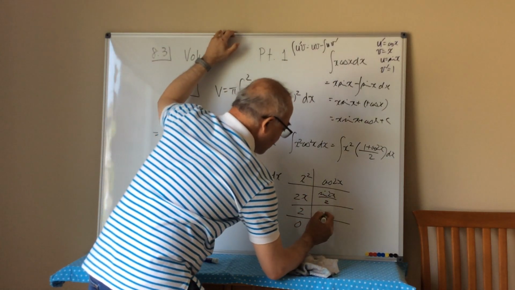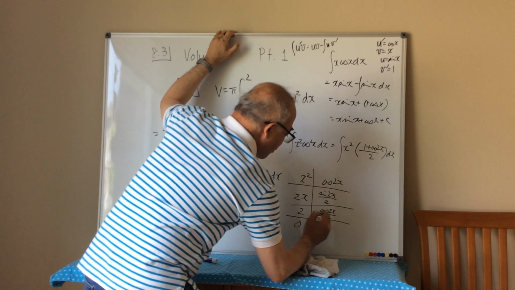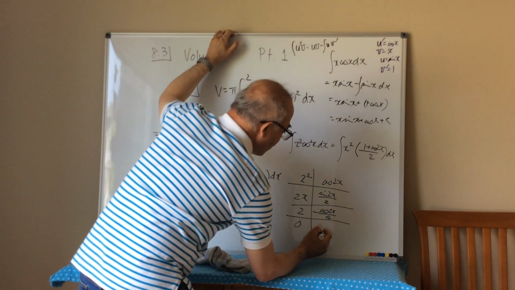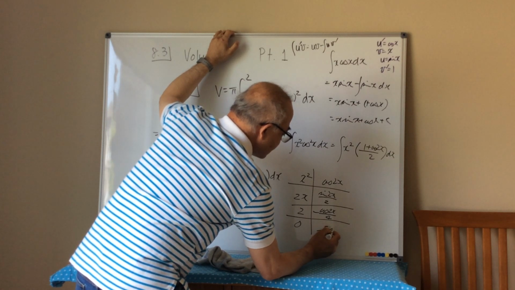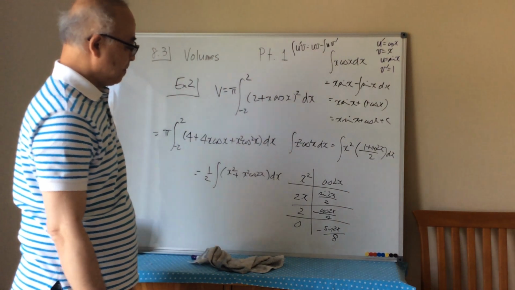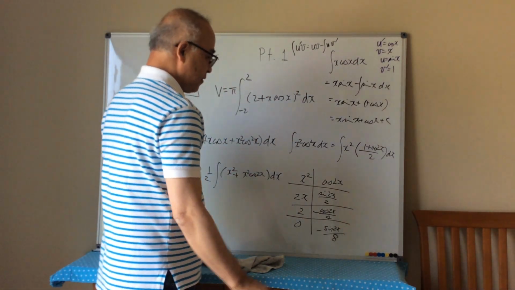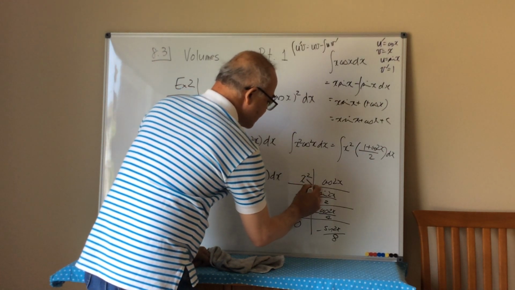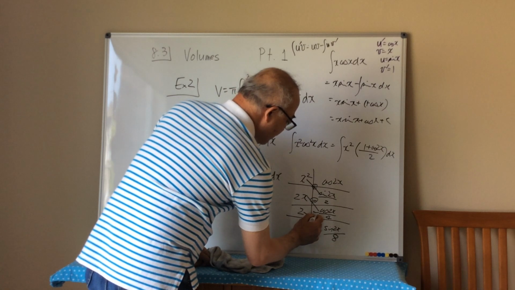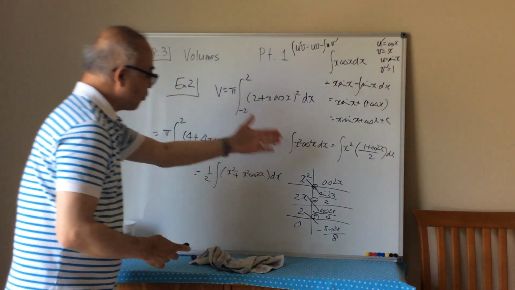If I integrate this, I get negative cosine 2x over 4. If I integrate it one more time, I get minus sine 2x over 8. And then the signs alternate: plus, negative, plus, right?